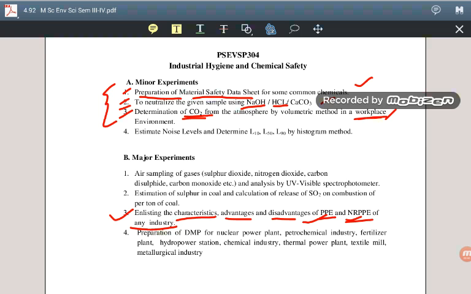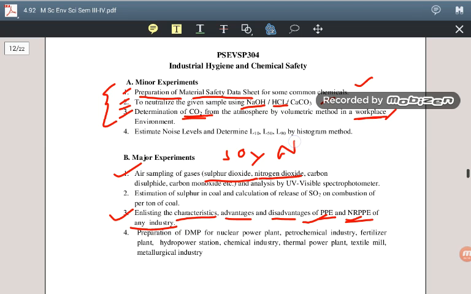We have already covered this portion, air sampling of gases. We already did this experiment in semester first or second, I think semester second, that is estimation of sulfur dioxide and NOx, SOx and NOx.